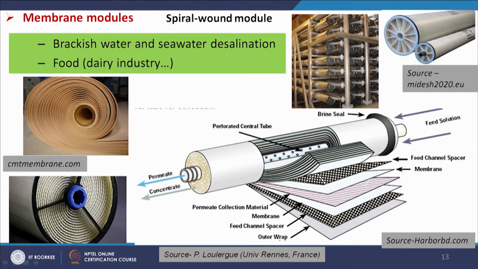That will be our permeate collection material, and the feed channel spacer and membrane are here. Again we are seeing the membrane and feed channel spacer. The inlet water is coming here. It will move from the outer to the inner side, and from the inner we will get the permeate. This type of arrangement is called a spiral wound module.